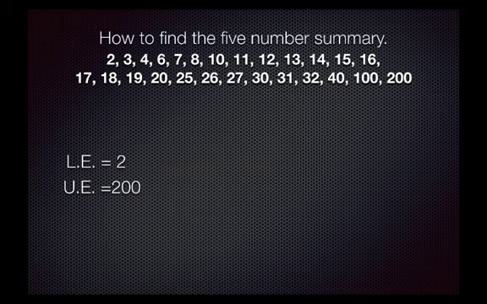I calculated 16.5. There are two numbers in the middle, 16 and 17. I'm going to place this line right here. To calculate the median, you take the two numbers in the middle, 16 plus 17, and divide by 2, which gives you 16.5.